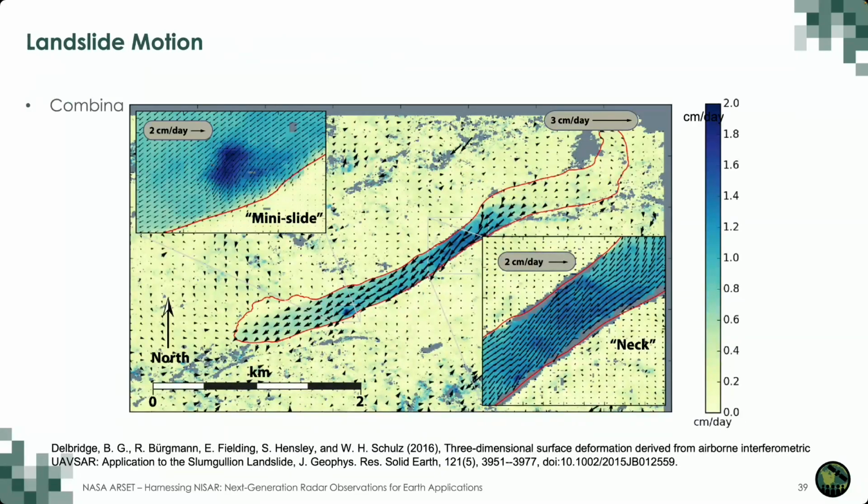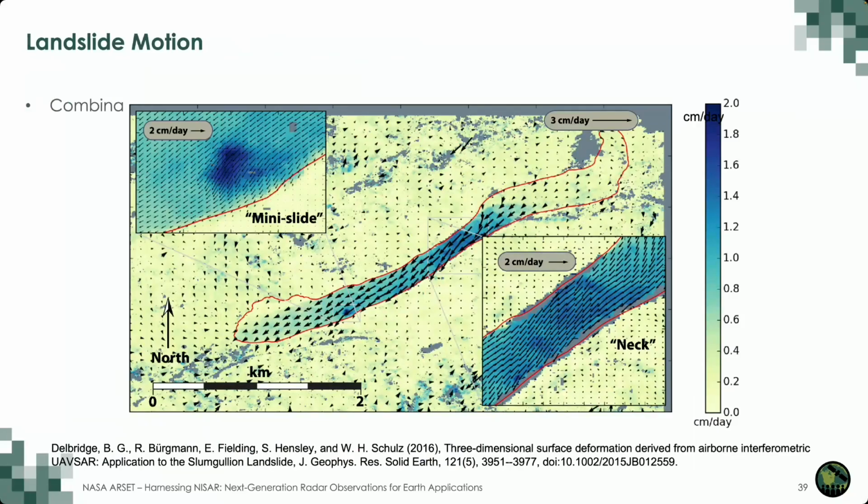So landslide motion is another application of SAR interferometry. This particular interferometric SAR map was made with an airborne radar system that NASA owns, called UAVSAR, but it actually flies on piloted Gulfstream airplanes.